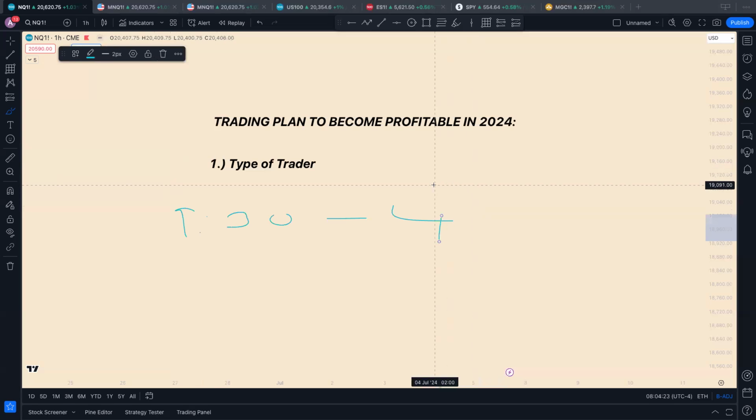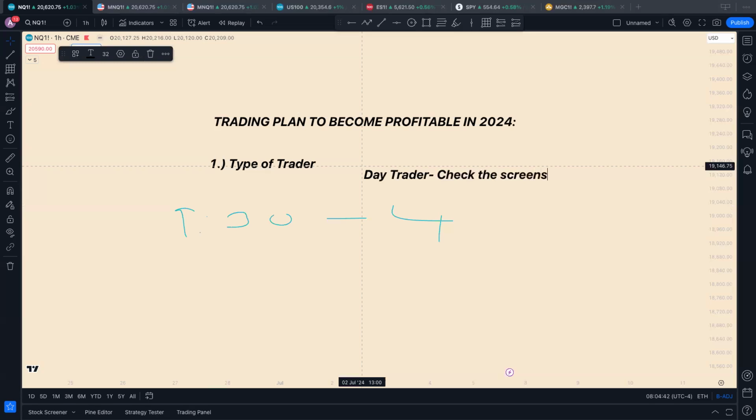That's fine. If you don't have time, let's say you're only free 1 hour a day, or you have a job, for example, between 9 to 5, so you can't really check the screens, then you can be a swing trader. So you can be a day trader where you can check the screens quite often, or a swing trader where you don't have to check the screens so often.